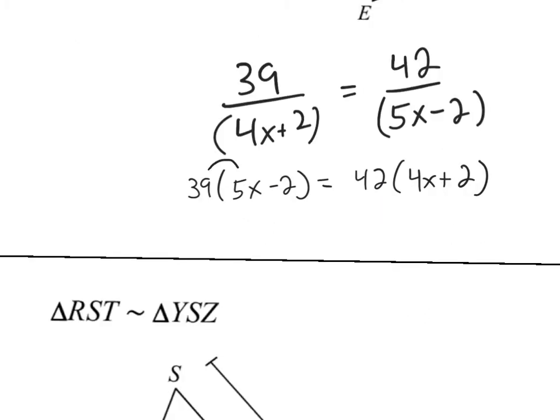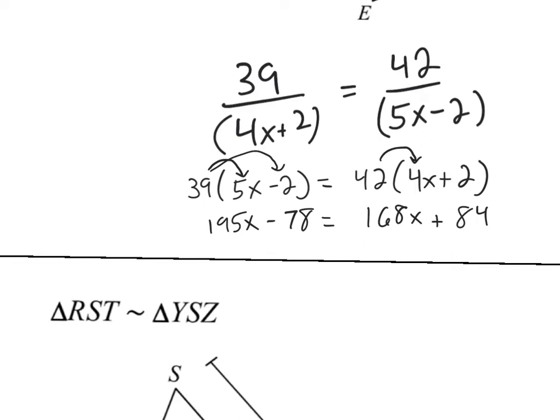And distributing, 39 times 5x is 195x. 39 times negative 2 is minus 78. And distributing the right side, 42 times 4x is 168x, and 42 times 2 is 84.